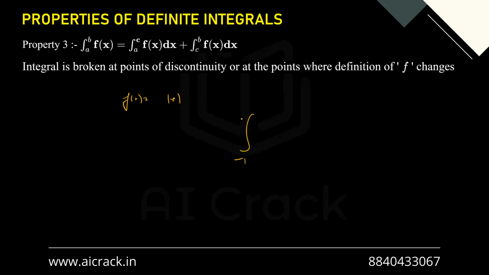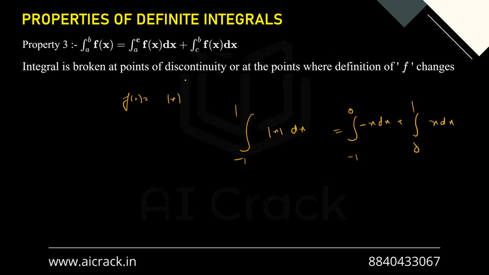In such a case, let's say we are integrating mod x from -1 to 1. We know that the definition of function is changing from minus x to x at x equals 0. So what we'll be doing: -1 to 0 minus x dx plus 0 to 1 x dx, right? So we'll be breaking down our integral according to this.